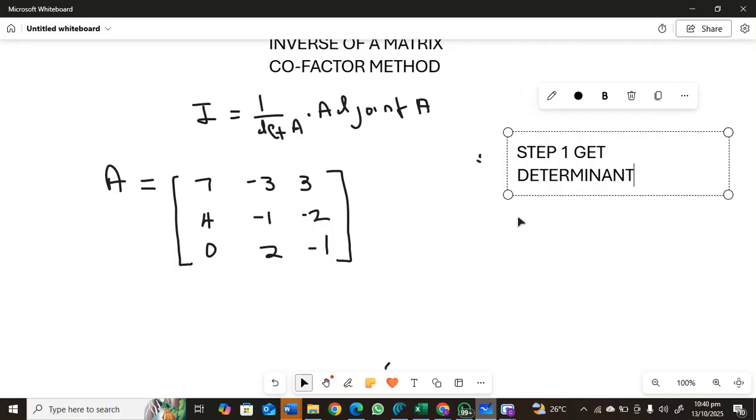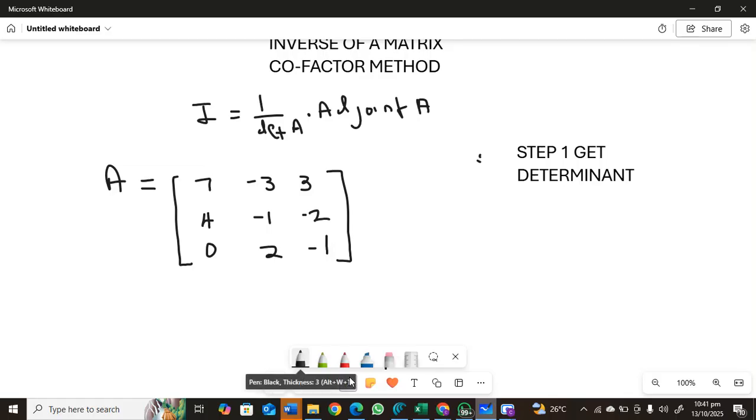In order to get the determinant, we're going to look at the top row. And remember this, for matrices, it's plus, minus, and plus.